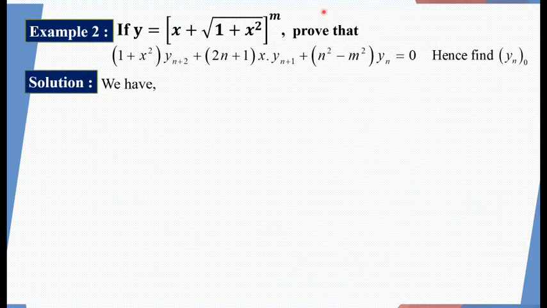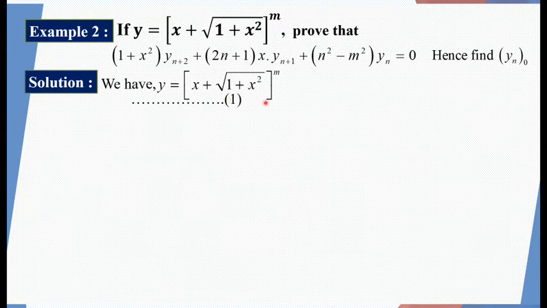So to solve it, we have y equals to this function x plus root 1 plus x square power m. According to Leibniz, this is not in the appropriate form because it contains the square root sign. So first we call it equation number 1.